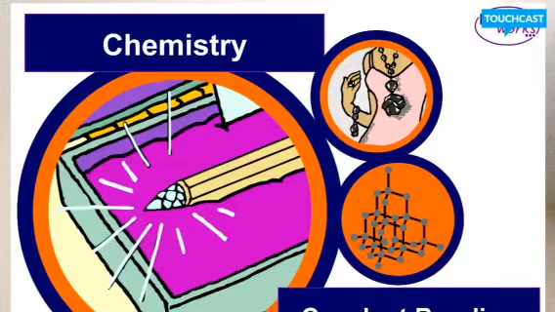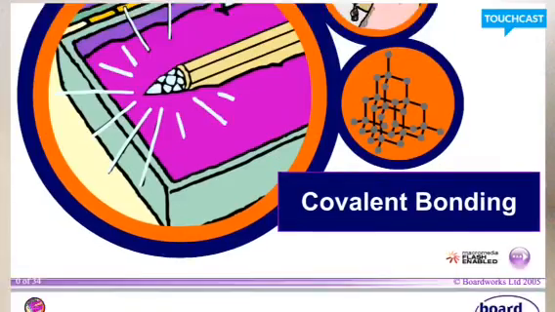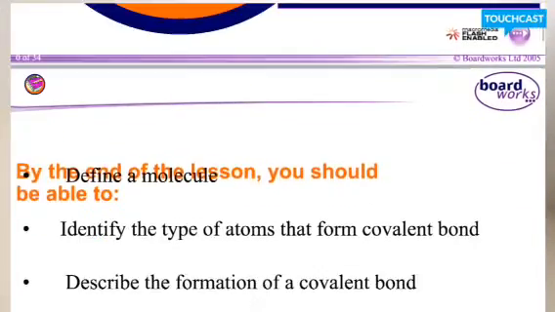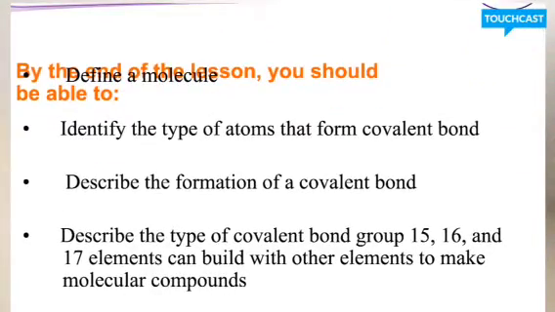Now, before we start learning about covalent bonding, these are the learning objectives, the things that we needed to be able to achieve by the end of the lesson. The first thing is to know the type of atoms that form covalent bonds. The second is to describe how it actually forms, and to describe the type of covalent bonds group elements in group 5, 6, and 7 make.